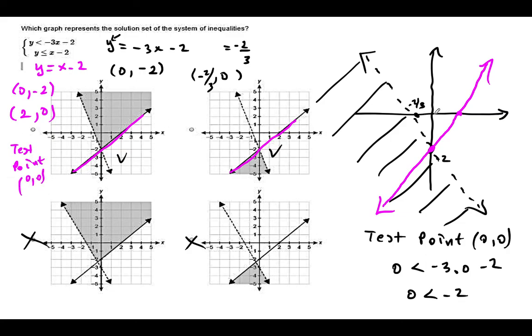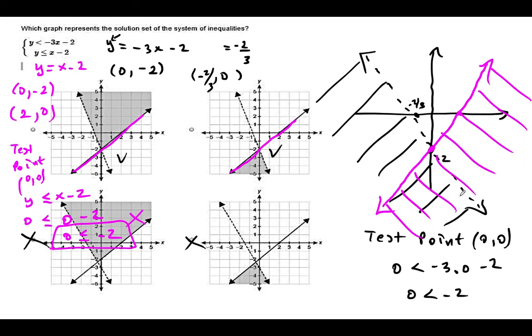If 0, 0 is in the solution, I will shade the left side, if not the right side. So my function is y is less than or equal to x minus 2, 0 is less than or equal to 0 minus 2, 0 is less than or equal to minus 2. Is this correct? What do you think? 0 is less than or equal to negative 2? Of course not. It's wrong. So 0 mustn't be in the solution. That means the left side mustn't be shaded. So the right side here.